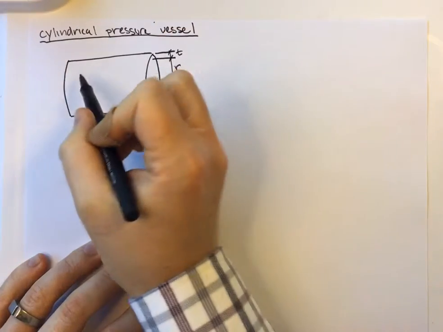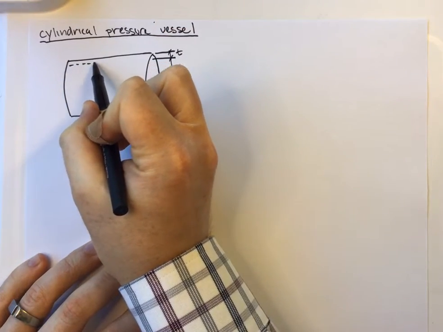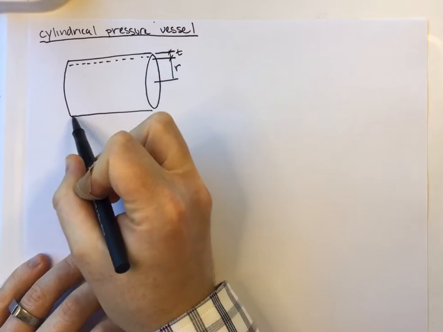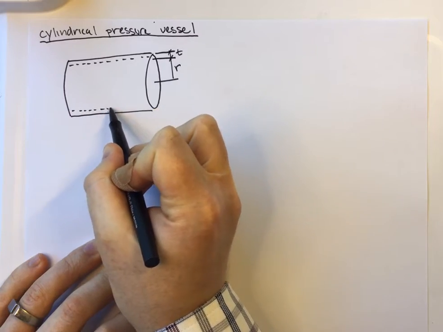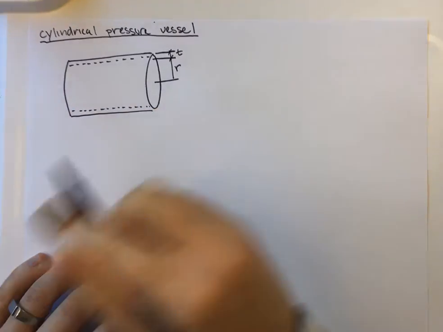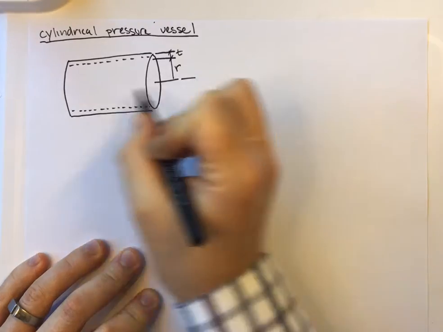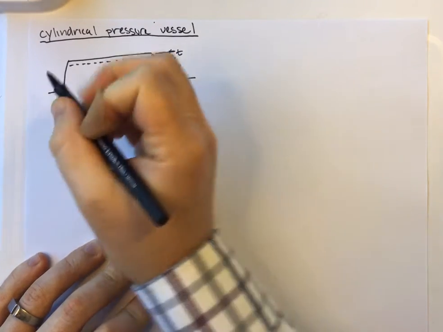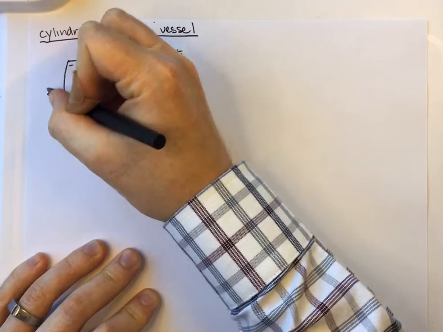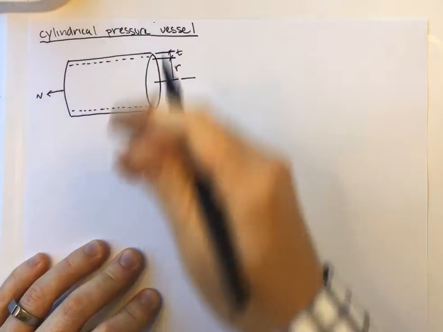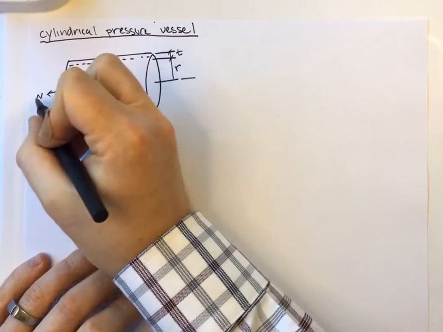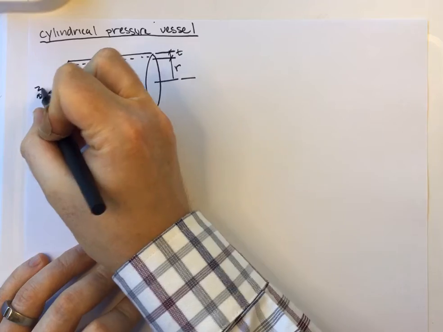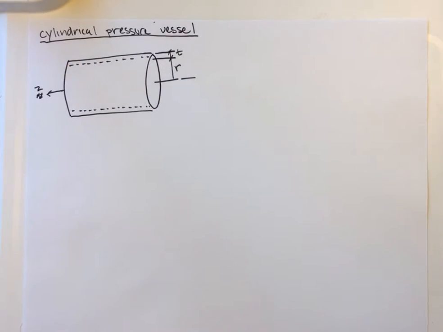So I might end up having some kind of wall thickness that looks something like that. This thing has caps on the end, and it's got some axis, and it's a cylinder, so it would probably be in cylindrical coordinates. So this would be Z, and we have some kind of axisymmetric problem.